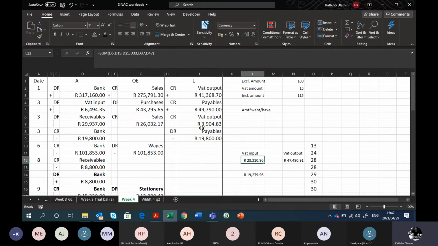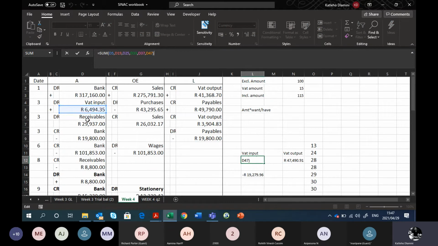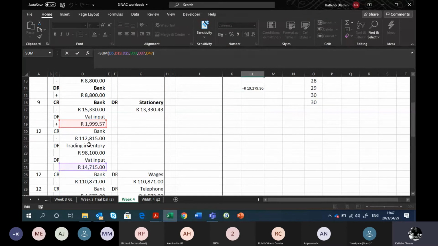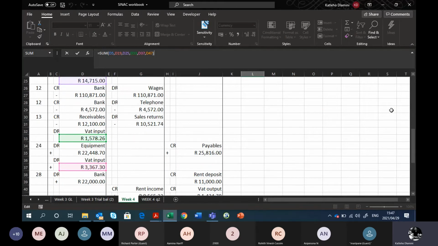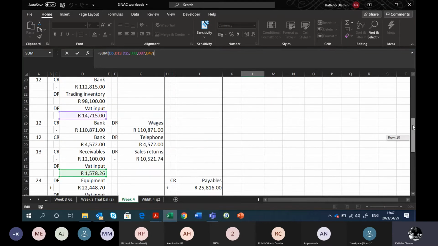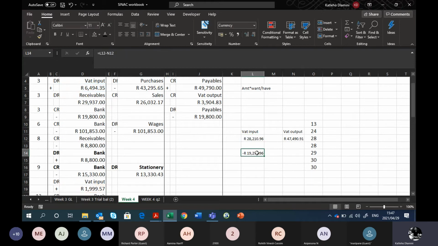I took all my VAT input amounts, the ones we use just for this question. So it's the one on the 3rd, the 9th, the 12th, the 13th, the 24th, and the 29th. And then I got my answer there.